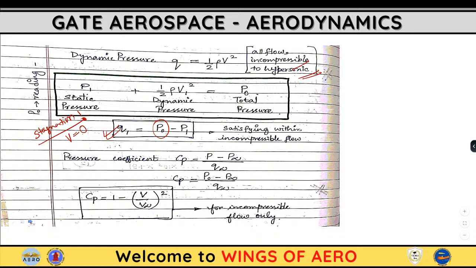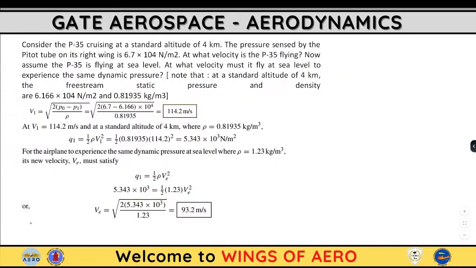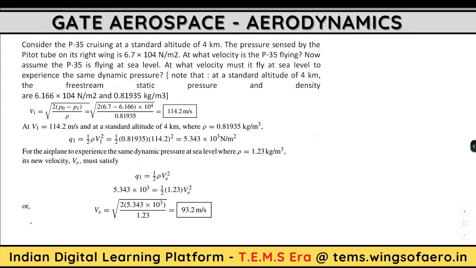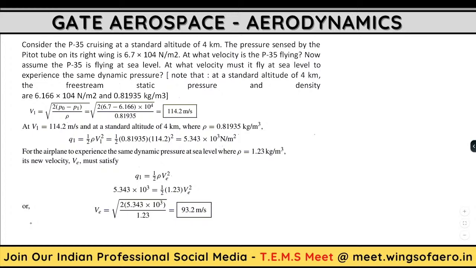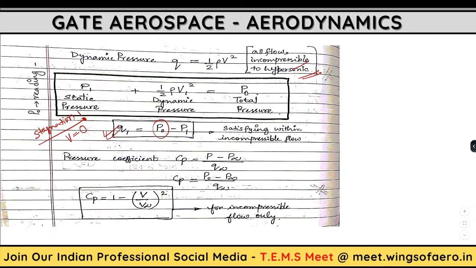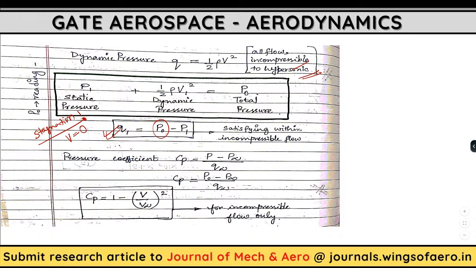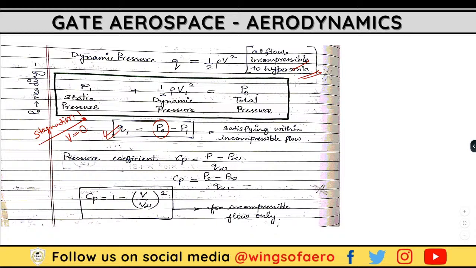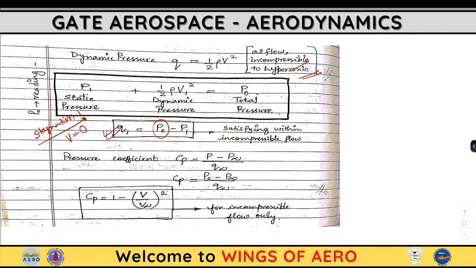So which instrument do we use to find out the stagnation parameters? Yes, the pitot static tube. Where do we keep the pitot static tube?